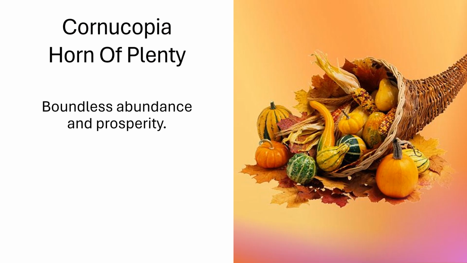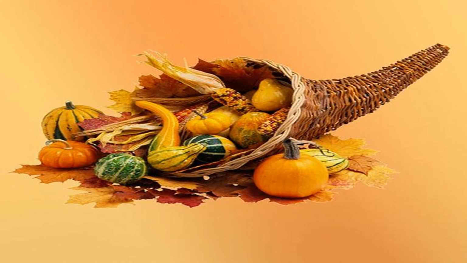The cornucopia, also known as the Horn of Plenty, is often found as a centerpiece for the dinner table at Thanksgiving, but can be used throughout the year with fruits, vegetables, and flowers of the season to fill the twisting basket shape in the form of a horn. The display is used to represent having boundless abundance and prosperity. The origin of the Horn of Plenty is found in Greek mythology with the story of Amalthea.